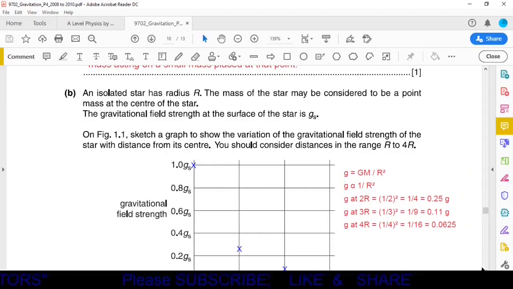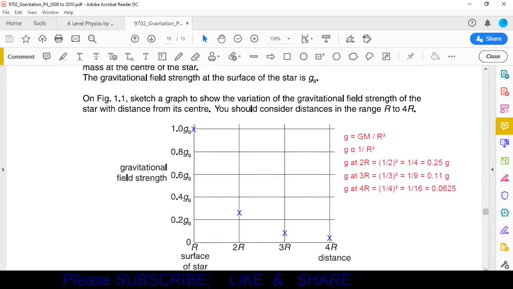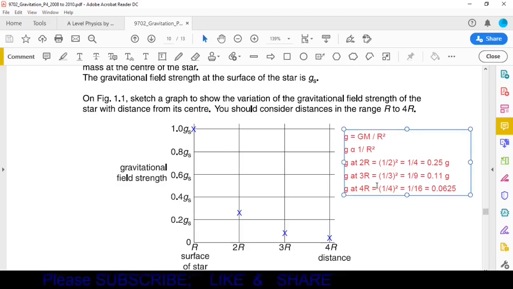So we can say at a distance r from the center of the planet, the value of gravitational field strength is equal to 1 gs or simply gs. Now we have to find out the value of g at 2r. At 2r, the value of g will be equal to 1 over 2 square, which is 1 over 4, or 0.25.